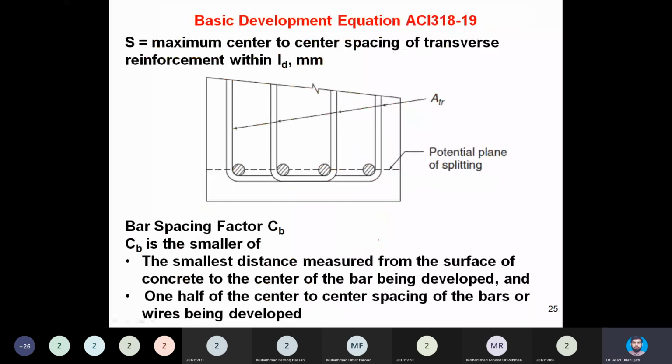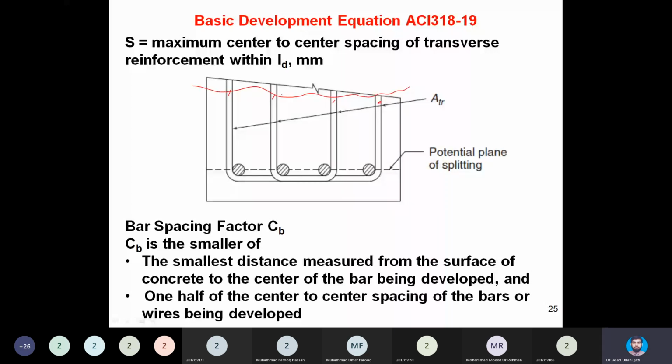Now on this slide number 25, there is a cross section given of a beam which has 4-legged ties. So this shear reinforcement is actually responsible to arrest the diagonal shear crack.